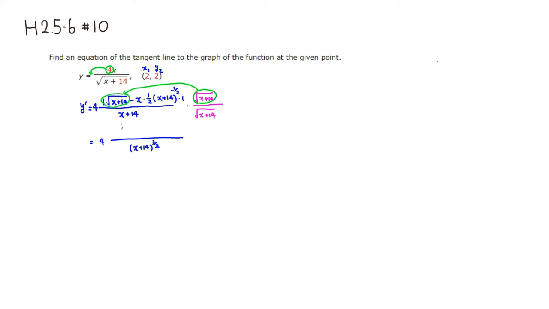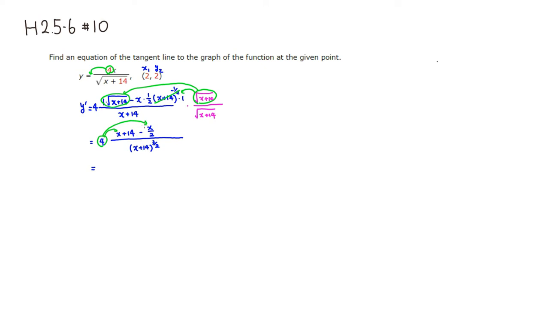So I'm distributing this to the first term, and you get x plus 14. Then if you distribute that to the second term, you can cancel this one because this is just a reciprocal, and what's left is a negative x over 2. Then I'm going to distribute the 4 to x and to minus x over 2.